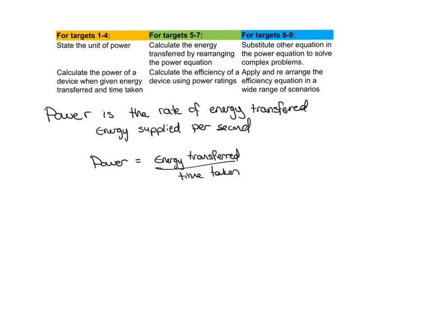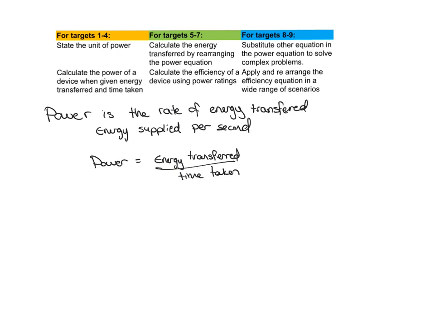For example, if two students had the same exact mass and they were running up the same number of steps and same height, then the person who comes first in that competition would actually be more powerful, because they're transferring the same amount of energy in the least amount of time possible. That makes them more powerful.